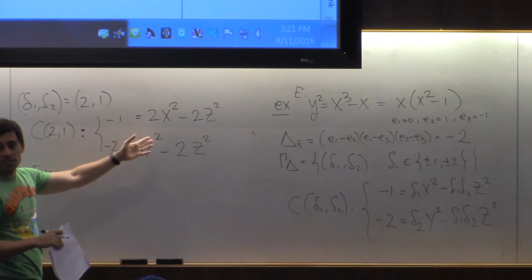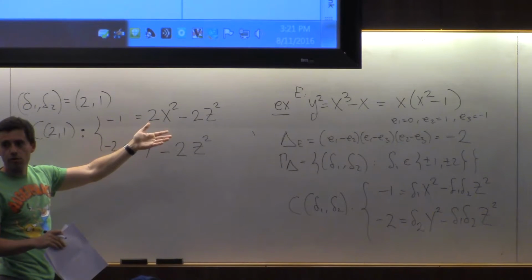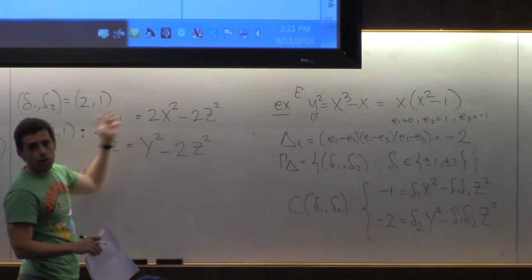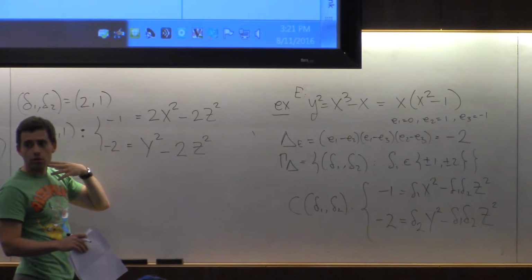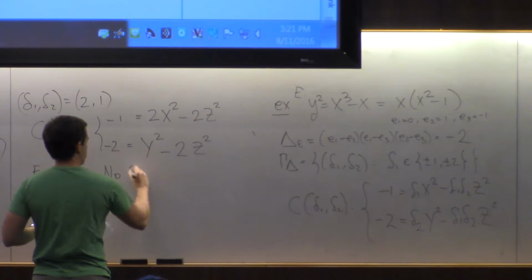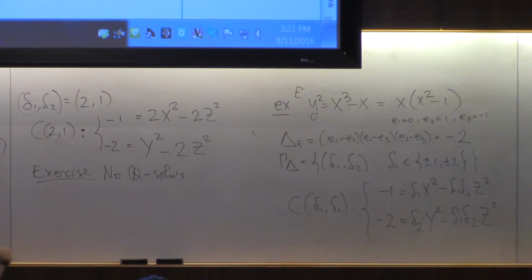If you throw in some denominators, it will be a question of even or odd, right? So if you throw in some denominators, you can show that these equations cannot have solutions over the rational numbers either, okay? But as I say, the only thing you have to worry about is the powers of 2 in the denominator and the numerator.